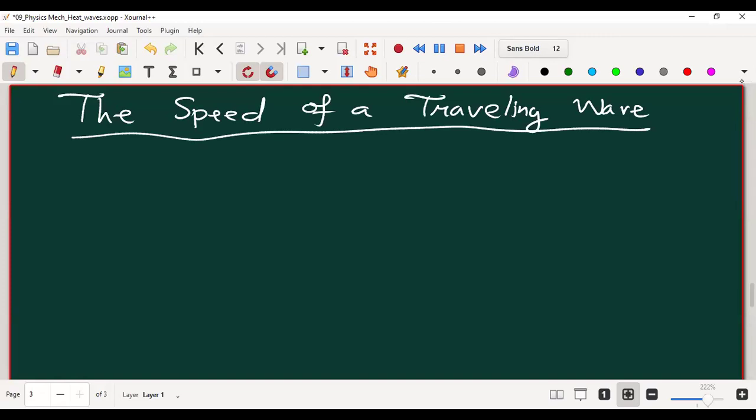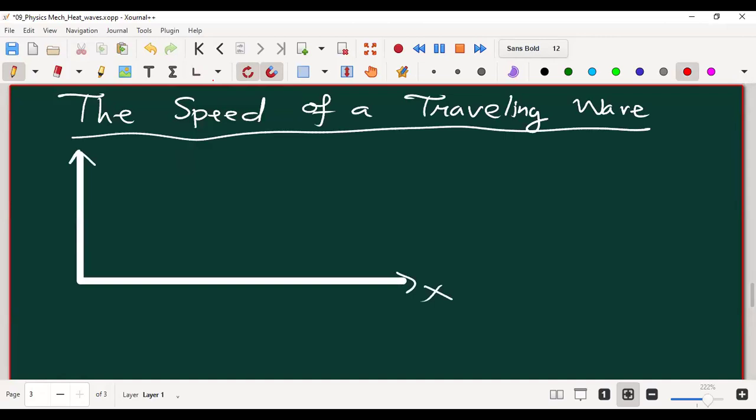Okay, we can imagine there is a wave in the x dimension. The first wave is like this, for example, and then the second condition is like this. There is a displacement, right?